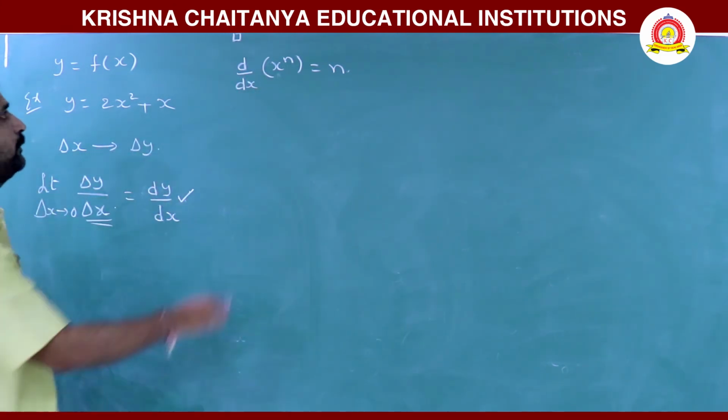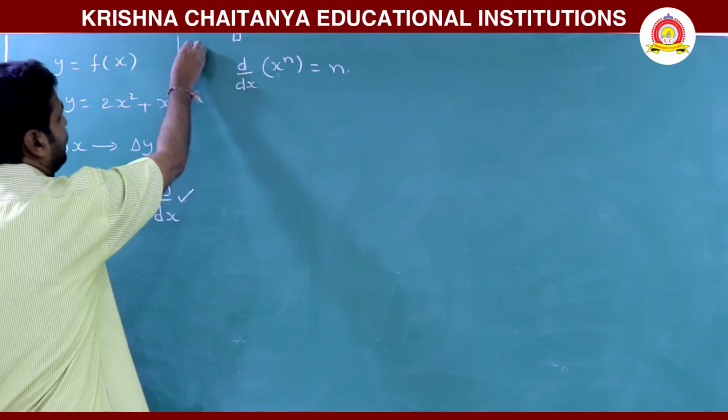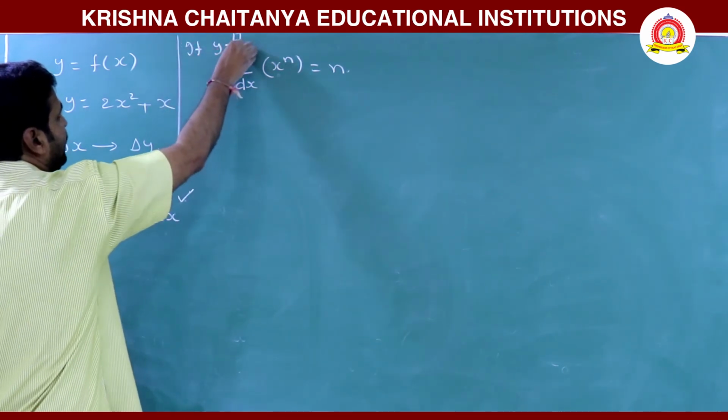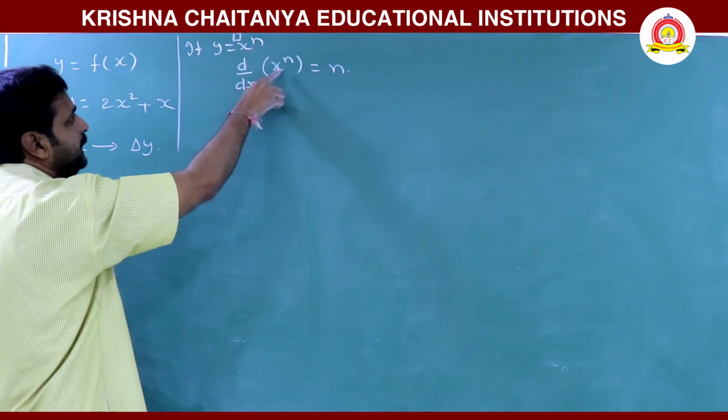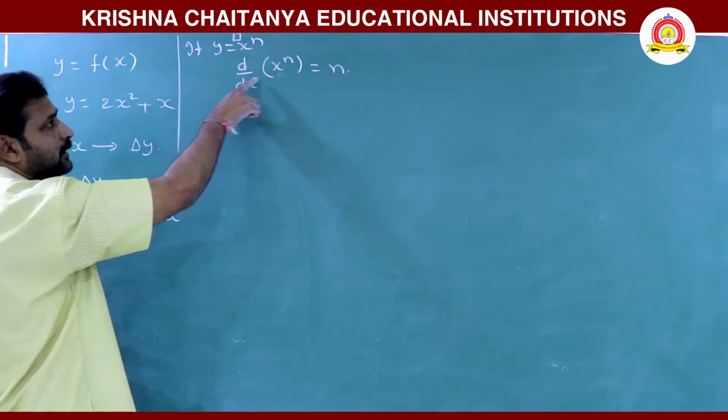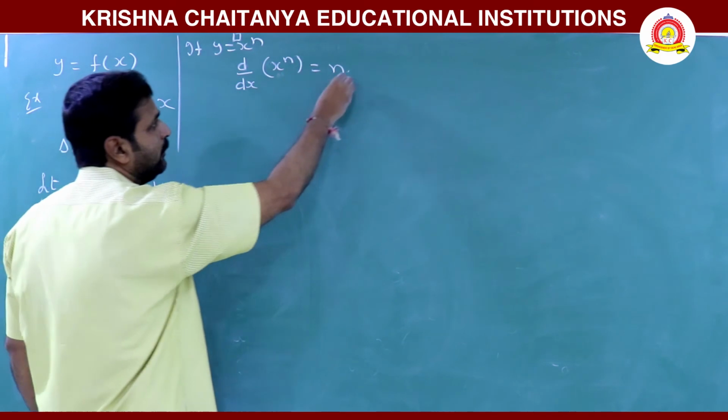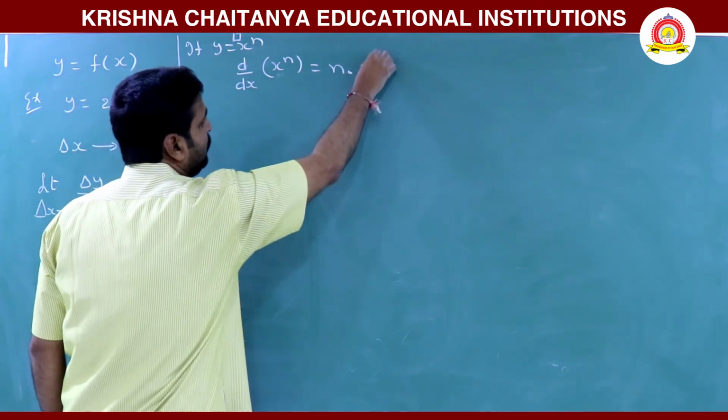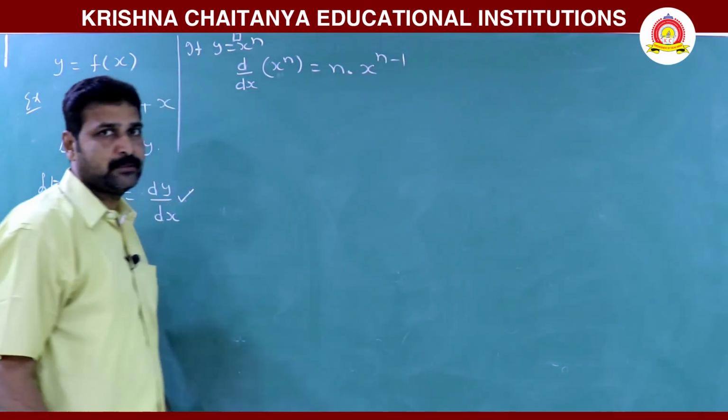If y is x power n, then the differentiation of x power n is n into x power n minus 1.